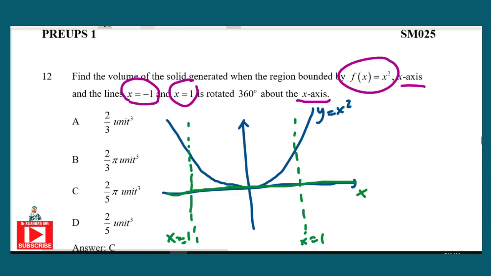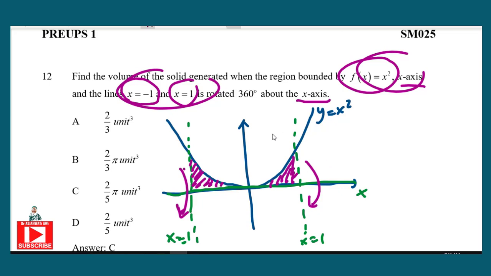The area is determined by this region, rotated 360 degrees about the x-axis, and then we find the volume. So we rotate about the x-axis.